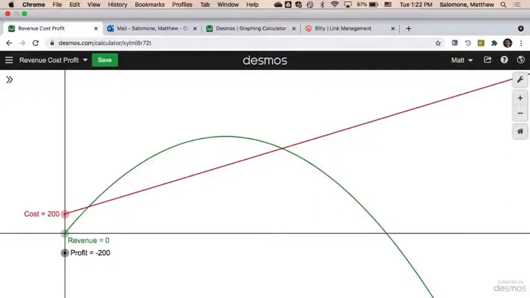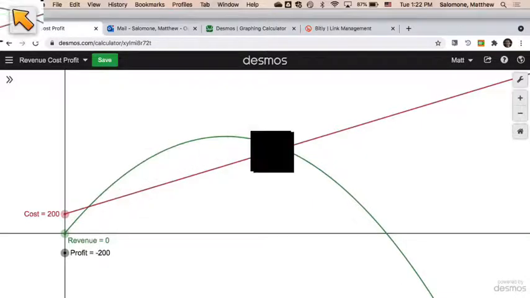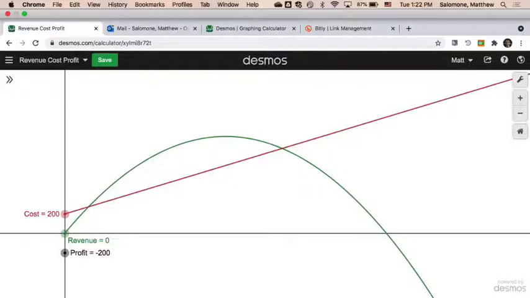So what you can do with this graph, it shows us two different functions. One of them is this green curve. We're going to think of that green curve for today as our revenue function.